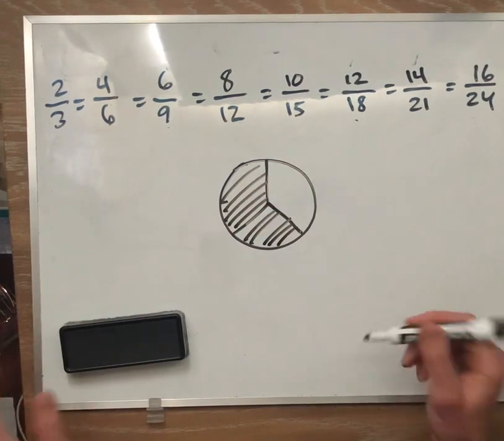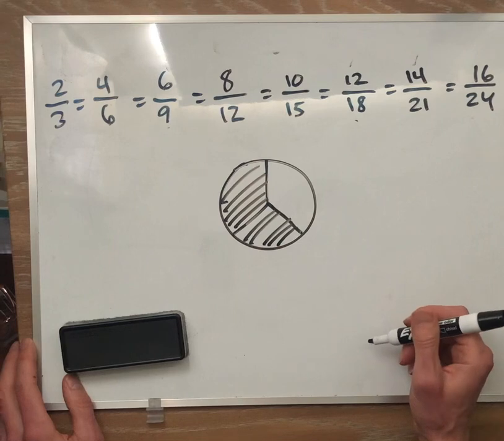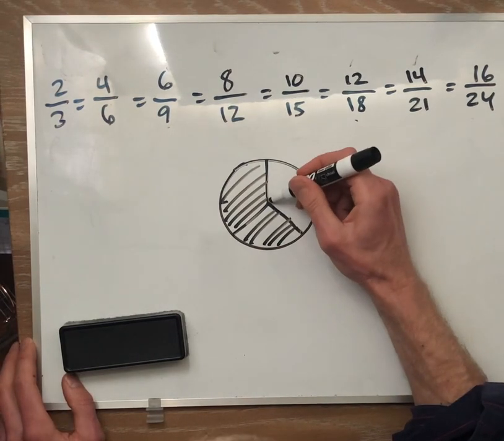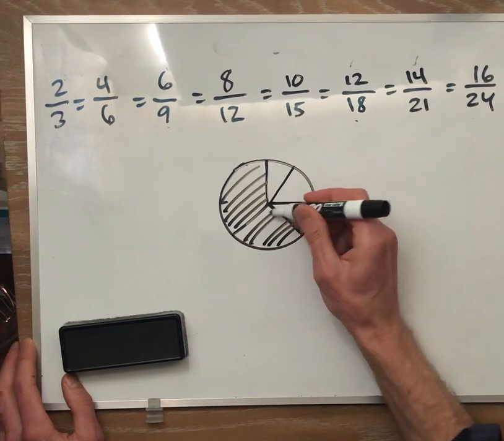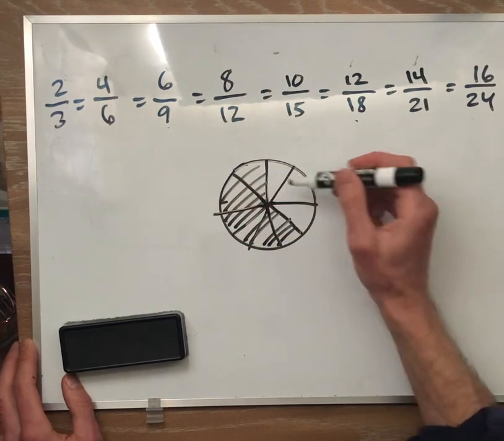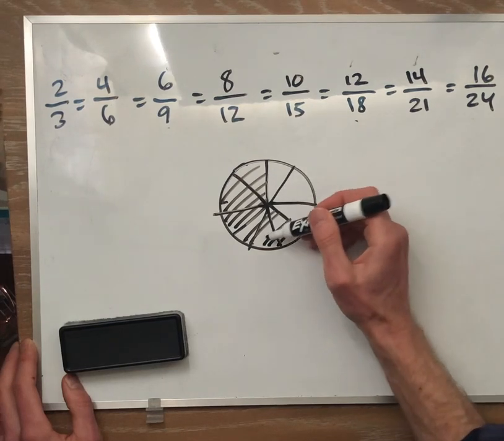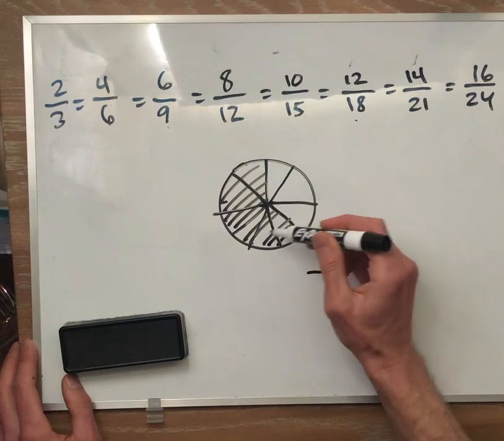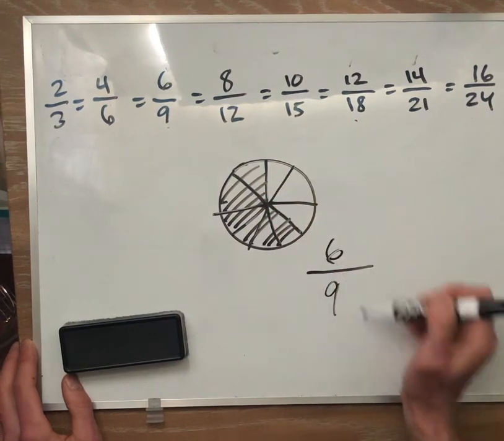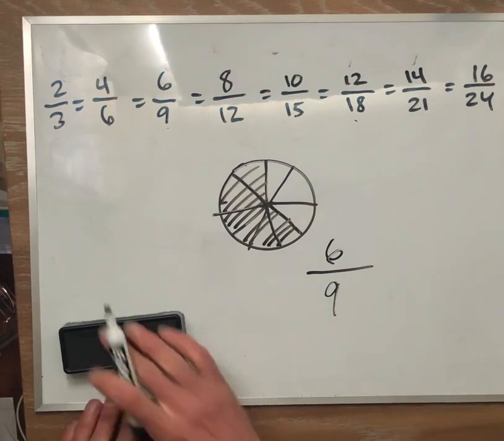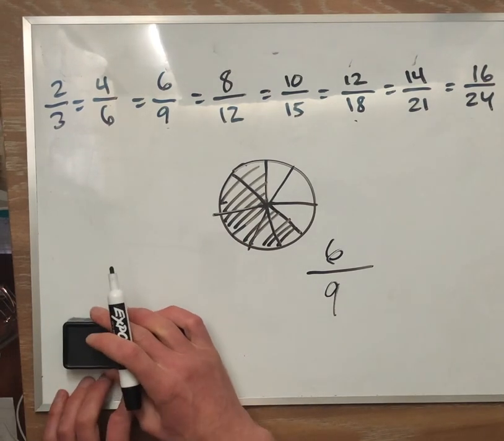They just keep cutting them into smaller and smaller pieces. So if I could cut each one of these into 3 pieces, then I have 1, 2, 3, 4, 5, 6, 7, 8, 9 total. And I have 1, 2, 3, 4, 5, 6 colored in. Right, that one right there. So they're all the same, just smaller pieces.